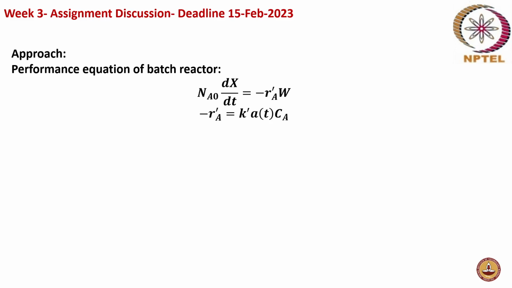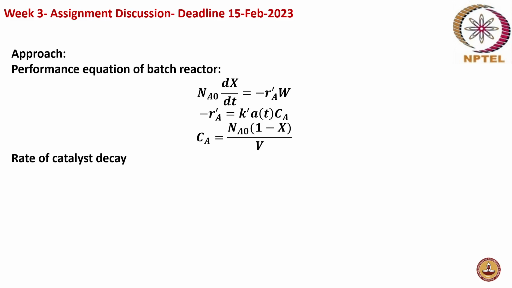So minus Ra prime is K prime times a(t), the activity, times the concentration of A, because it is a first order reaction. Now we have to rewrite Ca in terms of conversion. So Ca is Na naught times (1 minus X) by V.